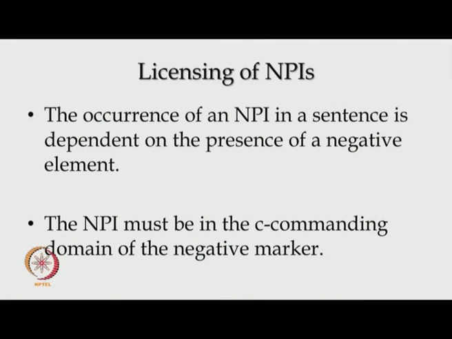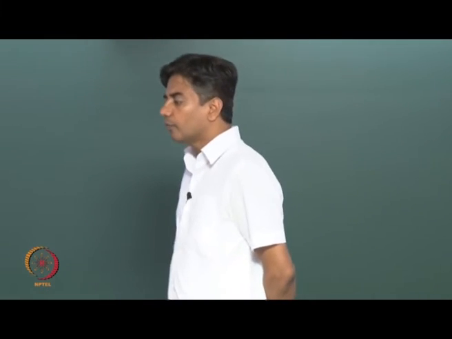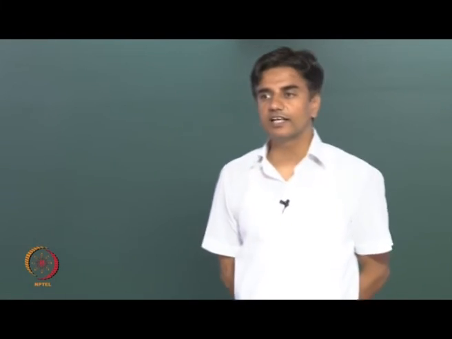So, how can we say that a negative polarity item needs a negation, right? Needs a negation, that is true. But where does it need a negation? Does every negation marker license negative polarity items? Okay, that doesn't happen. And again, we do not have enough time to give you every single example to show you that.